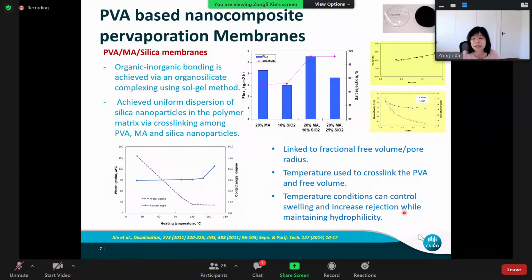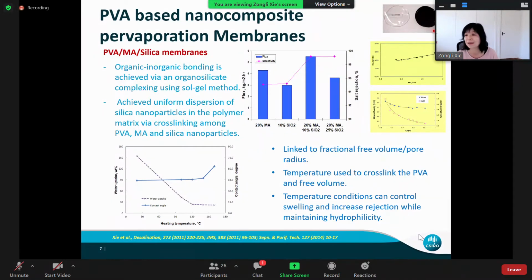So what we have done is utilize a sol-gel method to form the silica oxide nanoparticles in situ, and that way we can form this organic-inorganic bonding via organosilicate complexing. I just show a photo here. The one on the right side uses different cross-linking agents or a different way of making the silica nanoparticles.